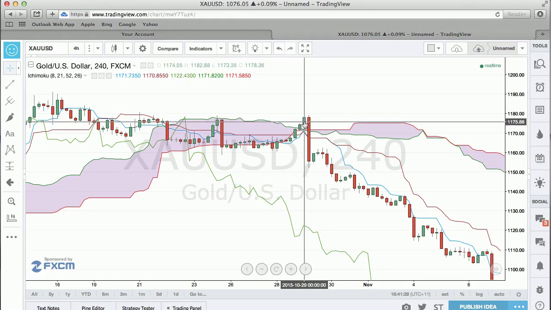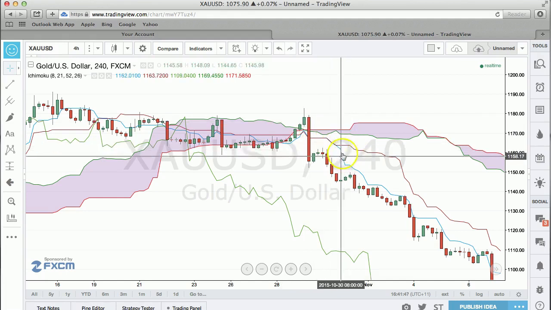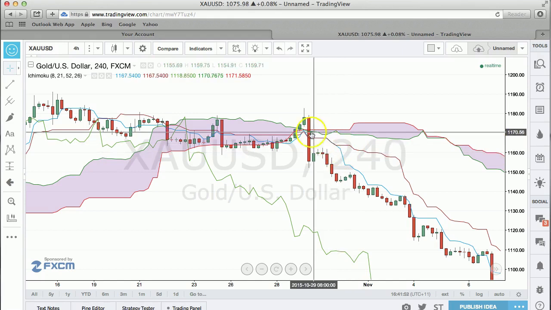So before you get all giddy and excited and think you're about to make a whole lot of money and place your order of 4 lots or a lot or a tenth of a lot, be careful, because the conversion line and the baseline, the red and blue line, have not crossed yet. They actually don't cross until here. So let's see what happened.